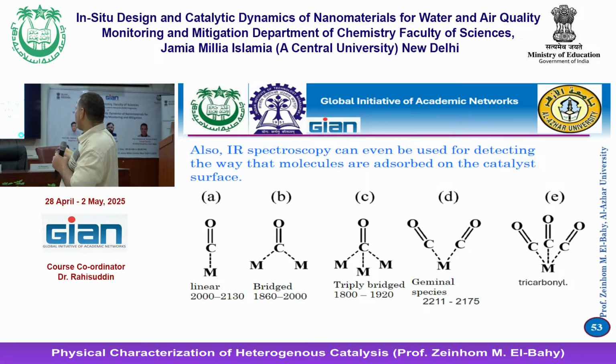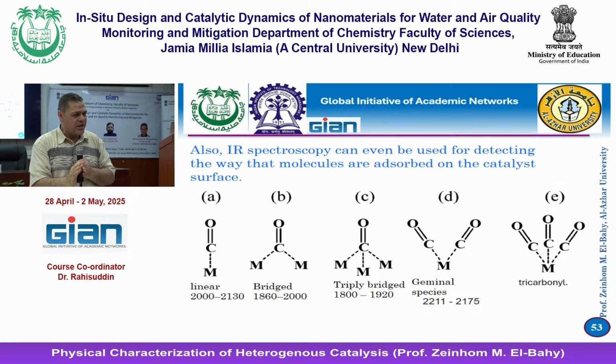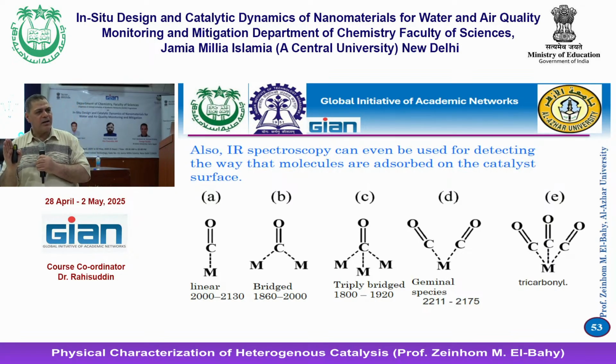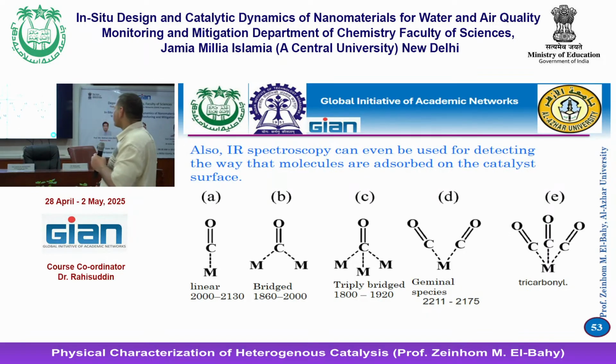And if you have geminal like this, geminal means two CO are connected to a metal, or three CO are connected to a metal, tricarbonyl. If you detect peaks at specific places or specific wavelengths, this means that you have something, and you can see what exactly is there on the surface.